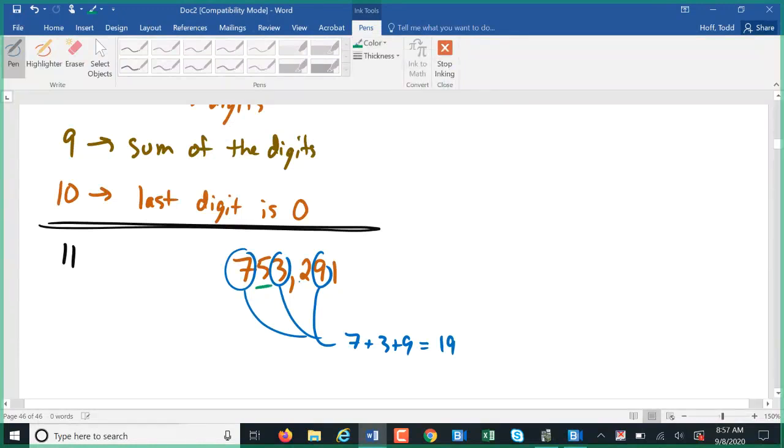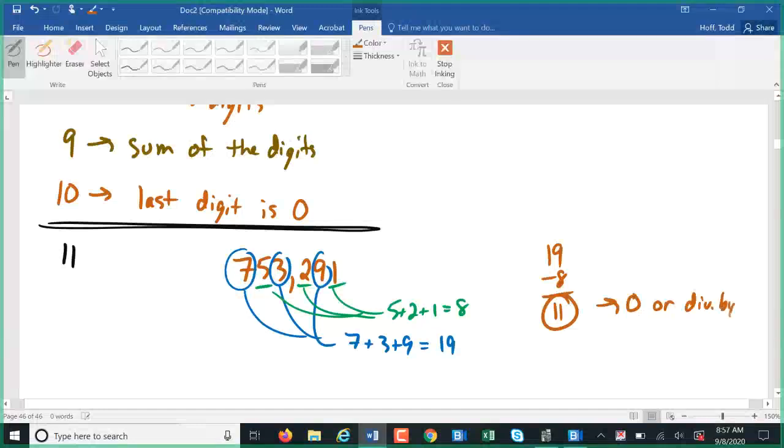Then I take the remaining digits, and I add those together. 5 plus 2 plus 1 is 8. Then I subtract the largest one minus the smallest one. 19 minus 8 is 11. If that result is either 0 or divisible by 11, then the whole number is divisible by 11. Well, since that number is 11, that's definitely divisible by itself. This whole number is divisible by 11.